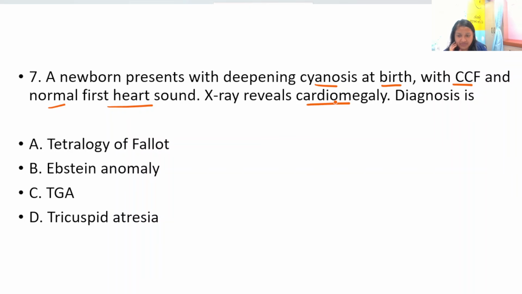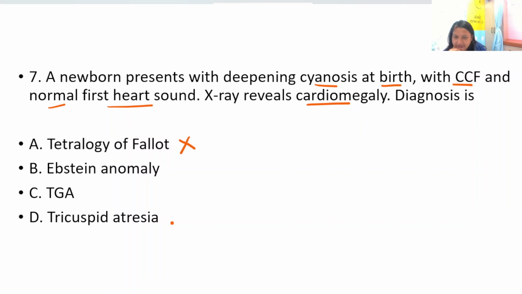Now your options are TOF, Ebstein anomaly, TGA and tricuspid atresia. Cyanosis at birth and cardiomegaly, these two things are not seen in TOF. TOF usually doesn't present with cardiomegaly on the X-ray and there is no cyanosis at birth. So this option is out, plus you won't see CCF in TOF. So that rules out TOF.